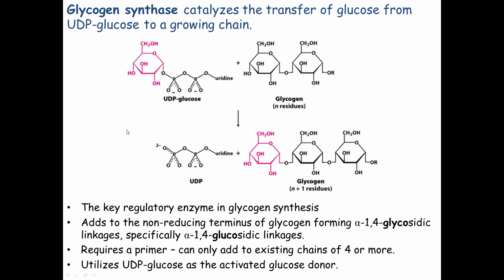So much like our DNA synthesis and RNA synthesis, our glycogen synthase must have a primer already there, and it adds to it. It can't start de novo. Okay? And the activated donor is our glucose attached to a UDP called UDP-glucose. This is again irreversible because the UDP is an excellent leaving group and it can't break this bond on its own.